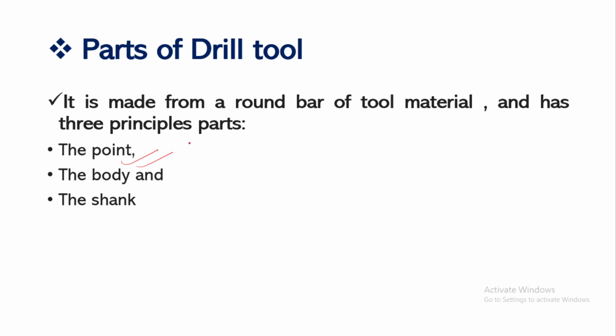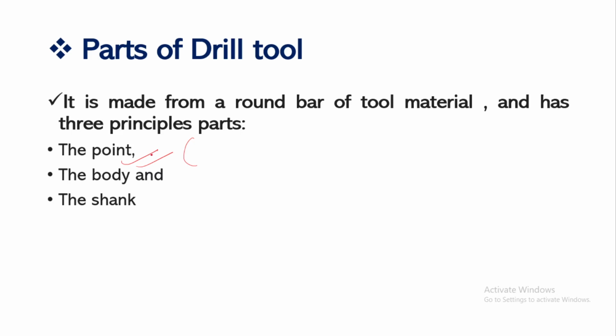In the drilling machine, a two-point cutting tool will be used. Turning and boring involve a single point cutting tool. Drilling is a two-point cutting tool, and milling and grinding involve multi-point cutting edges. So this is called a multi-point cutting tool.